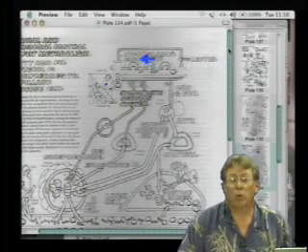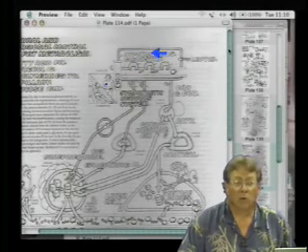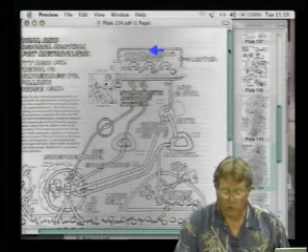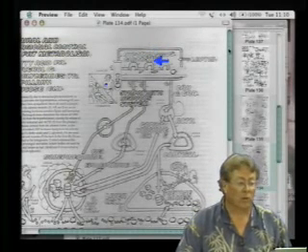Regulation of glucose, regulation of fat metabolism. Hormones and neural control of that, very similar to glucose.